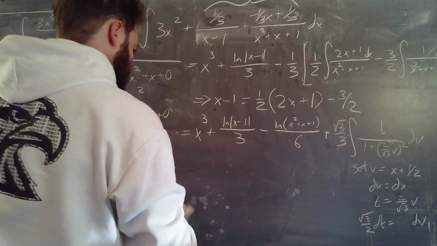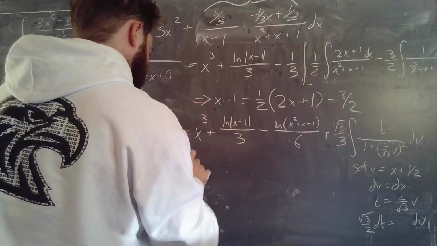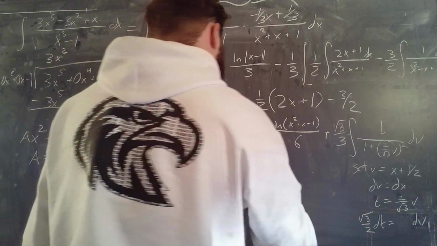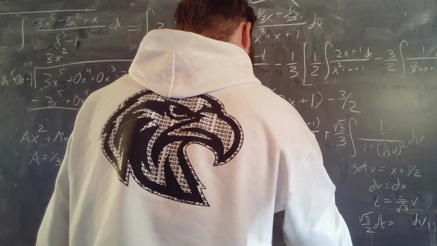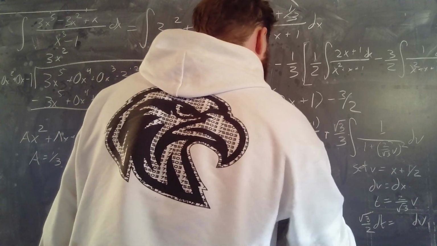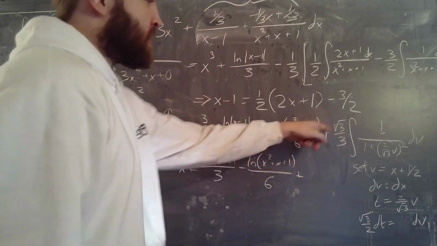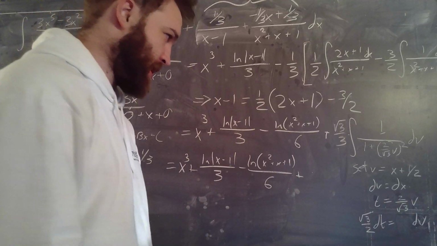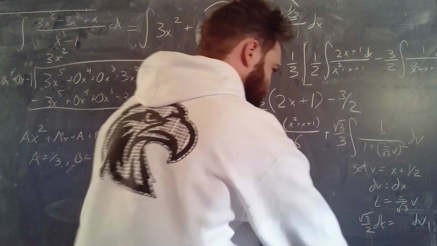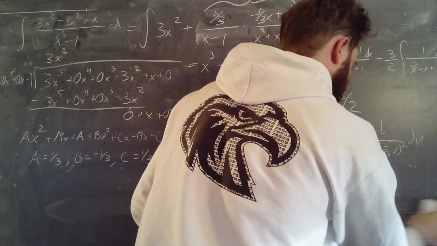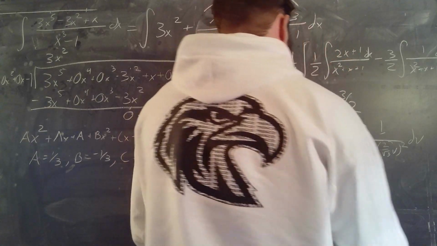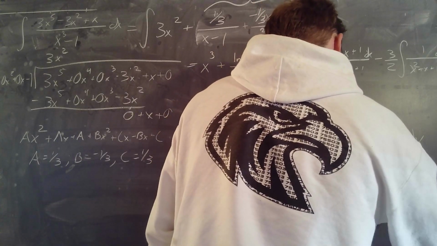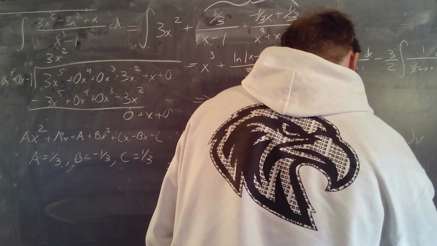So this thing is going to work all the way down to x to the third plus ln mag x minus 1 on 3 minus ln of x squared plus x plus 1 on 6 plus, now notice that this is square root 3 over 3, which is the same thing as just dividing by the square root of 3. Let me get rid of these sets here so that I have a little bit of extra room to write. And this will end up being the arctan of something over the square root of 3.